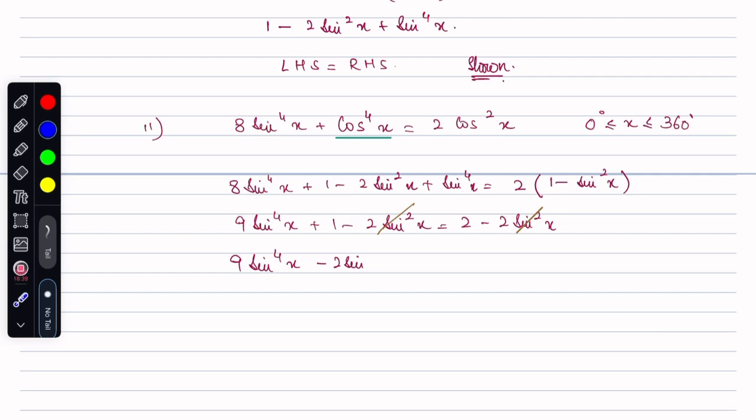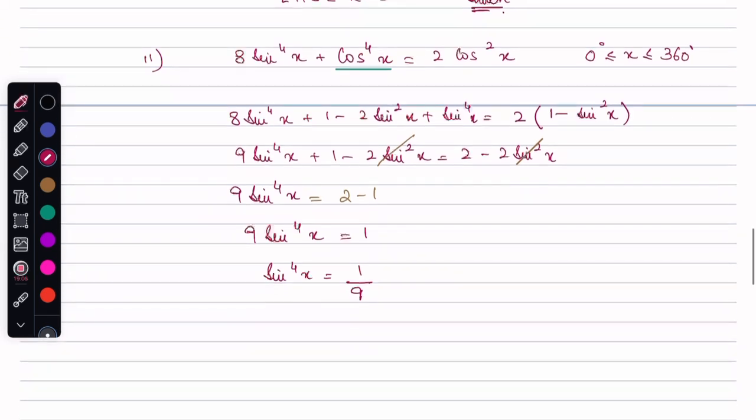So just to save time, I have eliminated the 2 over here, and after that I can say that now I should be left here with 2 minus 1, or I can say that this equation becomes 9 sin^4 x equals 1, or I can say it's sin^4 x equals 1 over 9. So to solve the equation, I first need to solve for the power, which is a 4 over here.